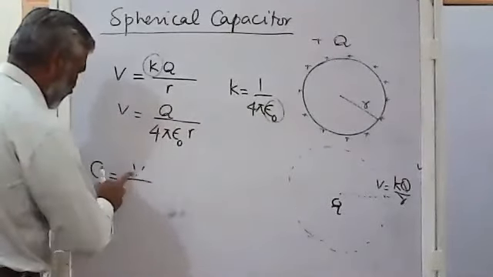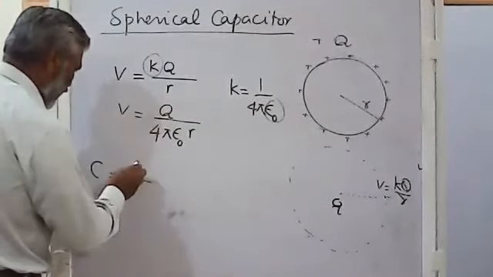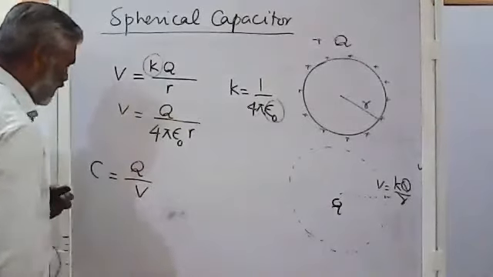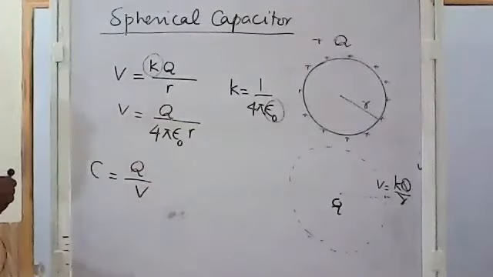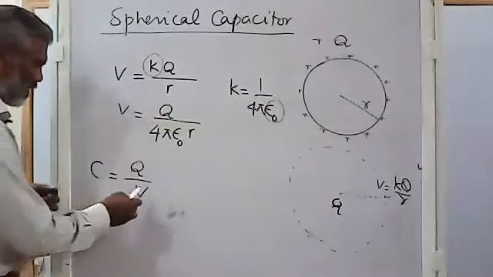Sorry, this is Q over V, charge to voltage. How much charge you store per unit potential difference.